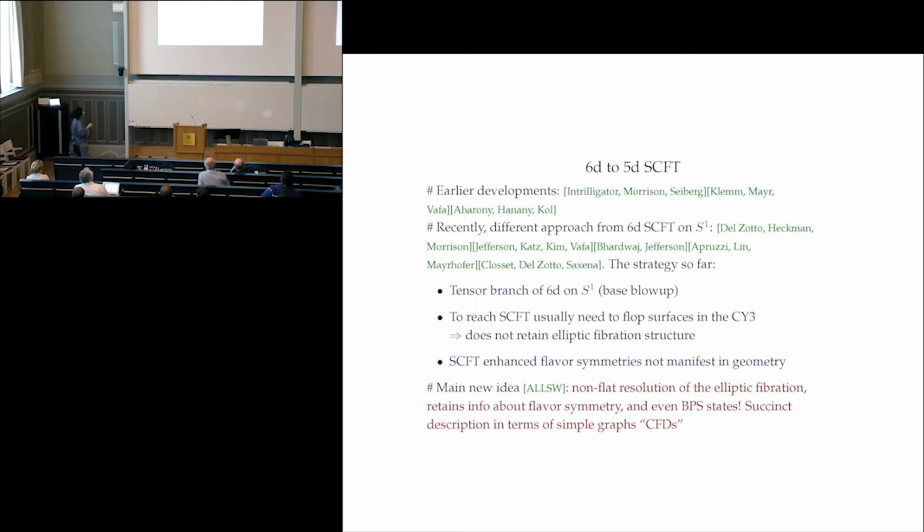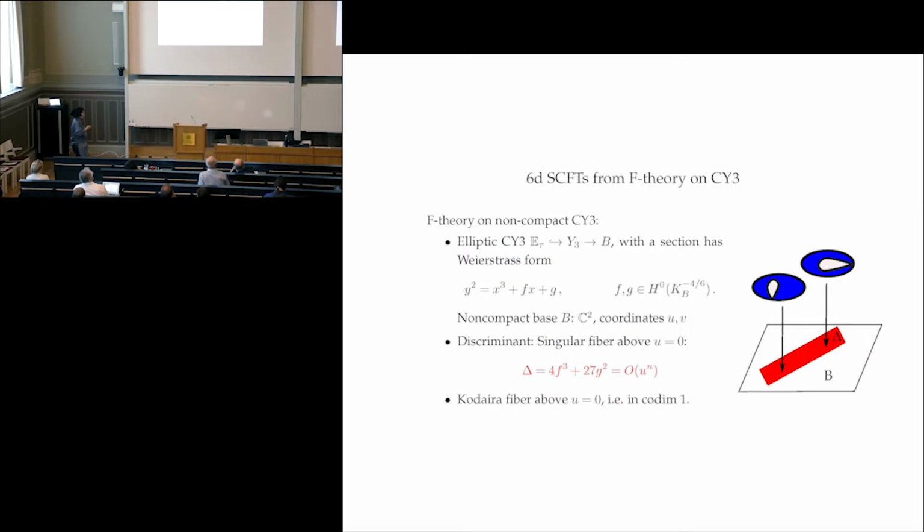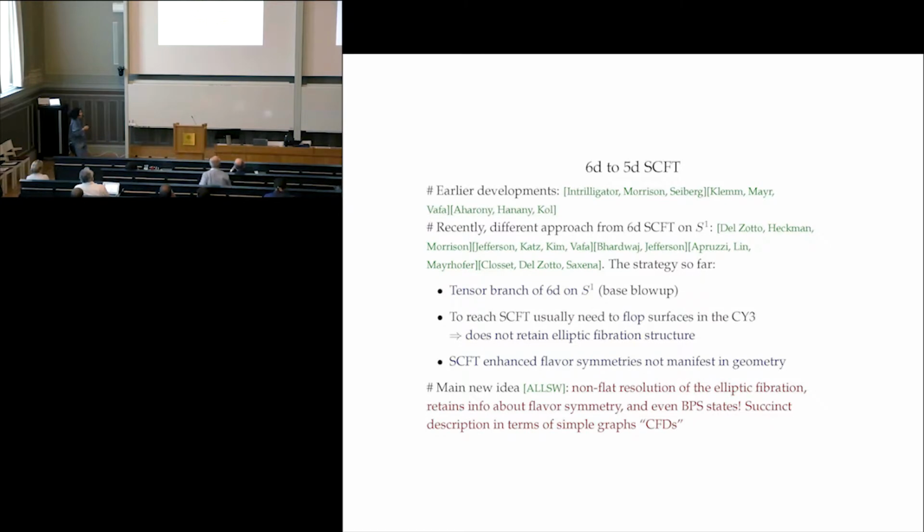Their strategy, however, more follows this tensor branch analogy, where you first take this elliptic Calabi-Yau threefold, you blow up the base, and then you go to the M-theory side. The approach is equivalent mathematically to what we'll be doing. However, they're not actually retaining the structure of these elliptic fibrations in their geometric operations.